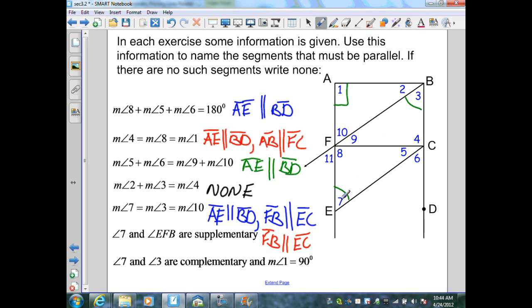Angle 1 and 7 do have a transversal, but we don't know if they add up to 180 degrees. They are same-side interiors, but since they're not supplementary, I can't say anything about parallel lines. 1 and 3 do not have a transversal between them. AB intersects the vertex of angle 3, but I don't need it to form angle 3. Therefore, the relationship between these three angles is none.